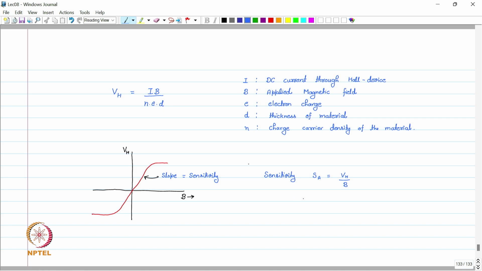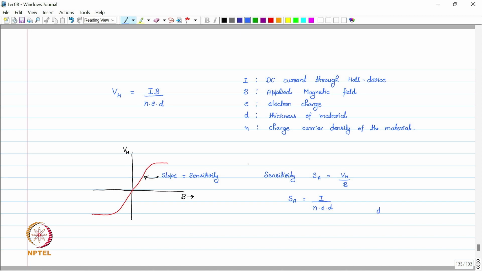So this we can write I upon NED. So this is the sensitivity of Hall sensor, and usually the thickness is in micrometer.